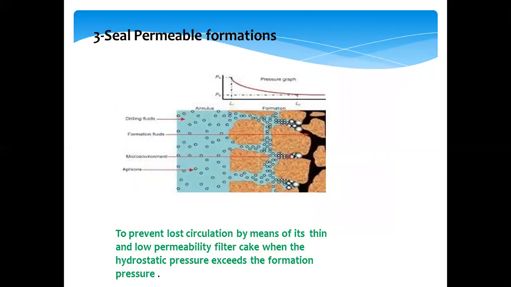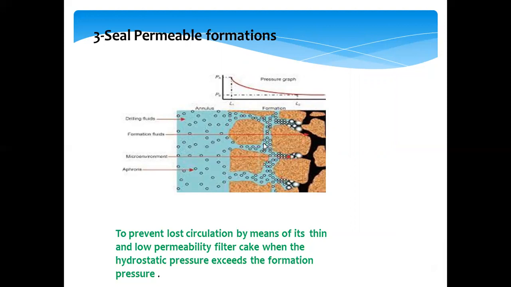Number three, to seal permeable formations. As we see here in that picture, while drilling, we may encounter a highly permeable formation like this. So the drilling fluid will invade this formation, and that will cause us lost circulation.